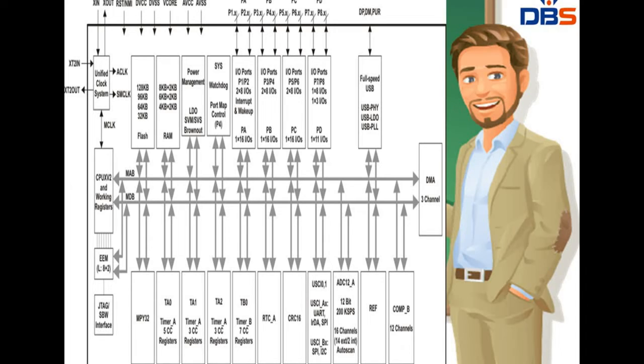Here we have a brownout reset, which detects low power supply voltages, such as when a supply voltage is applied or removed from the PC's terminal. If there is a supply voltage and we remove it, what will happen?